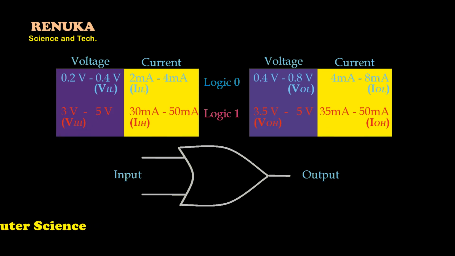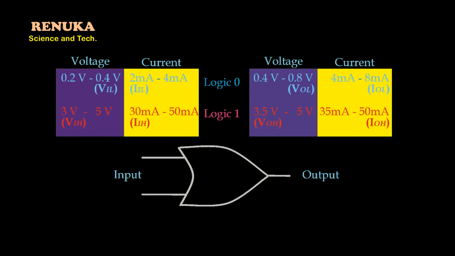Let's have a look on the left hand side. The voltage range for logic 0 is given from 0.2 volt to 0.4 volt. Similarly, for logic 1, the voltage level at the input is 3 volt to 5 volt.